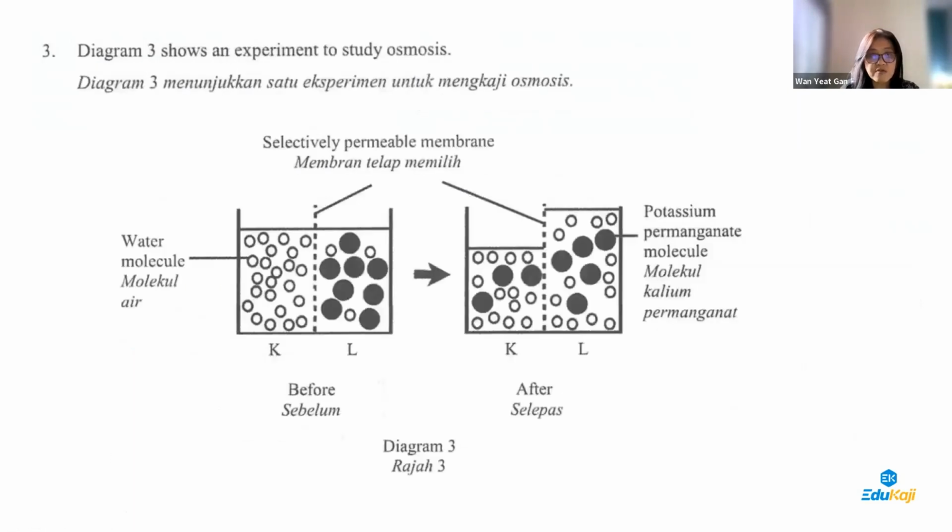Diagram 3 shows an experiment to study osmosis. So you can see the water molecule at K moving across to L. The molecule that is larger in size is the potassium manganate molecule. So water is moving from K to L. You can see that the height of the water at L is higher than K after a few minutes.